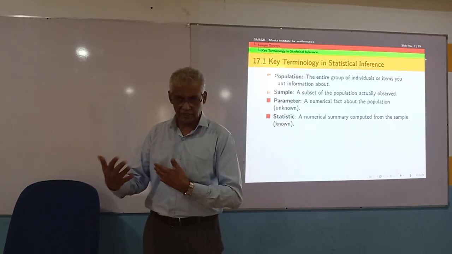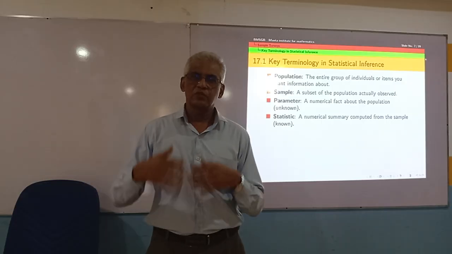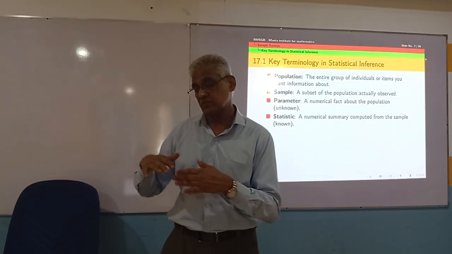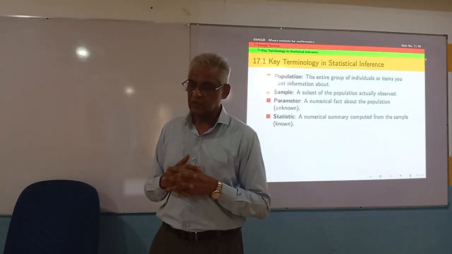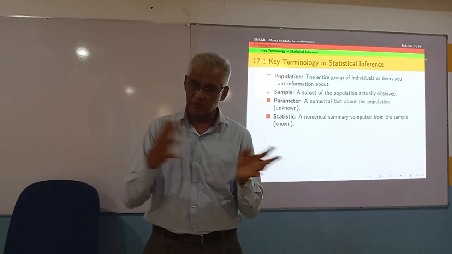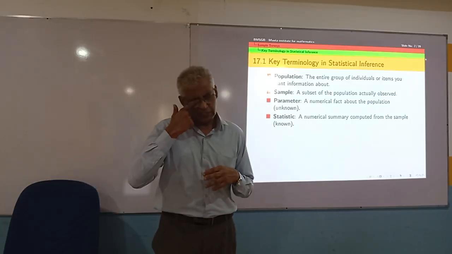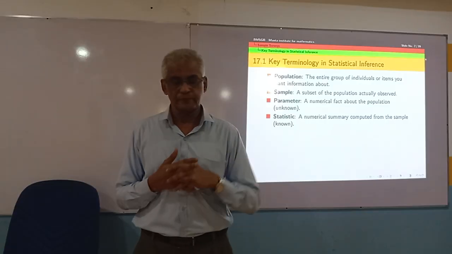That's why we want to find them out. If we knew them, we wouldn't have to do any study. So they are unknown constants. They are called parameters. In statistics, we use the word parameter. In other disciplines, the same word is used for other meanings, but in statistics, when you say parameter, it is an unknown constant, usually related to a population.